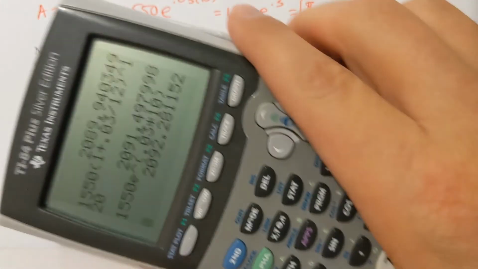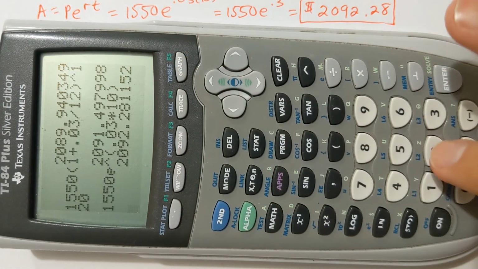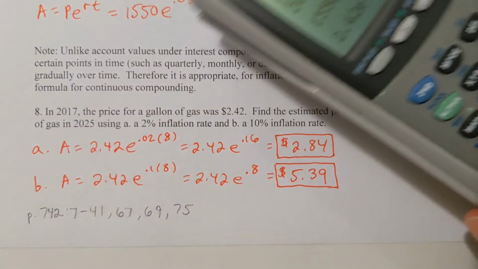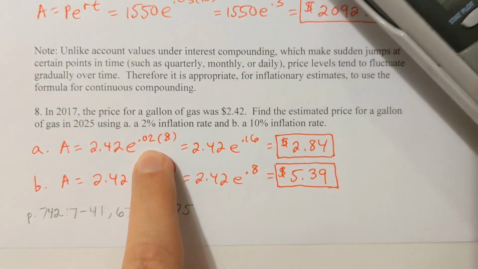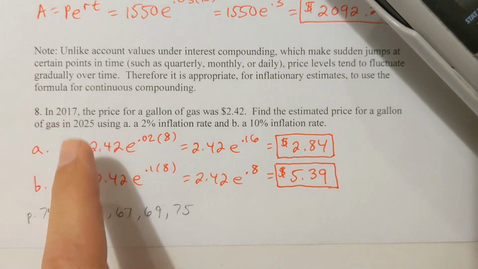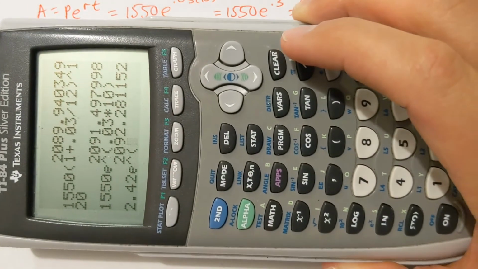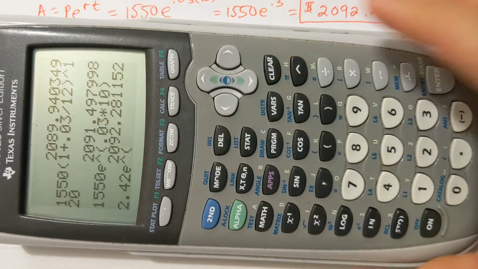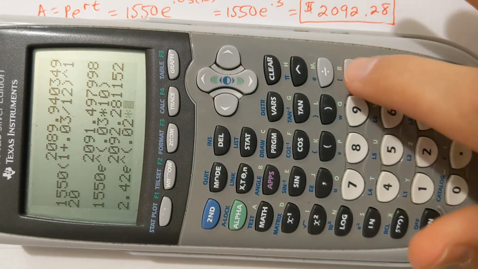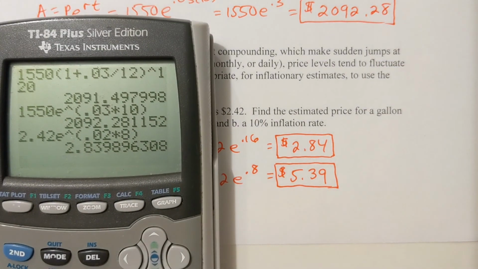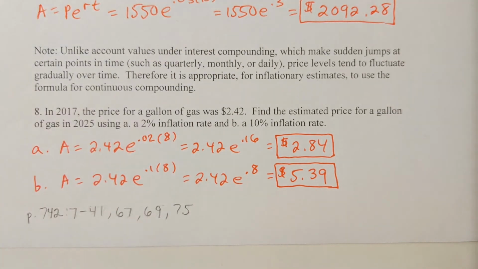So if I type that in, 2.42 times e to the power 0.02 times, going from 2017 to 2025, that'd be 8 years. So 0.02 times 8, and I'm getting $2.84 for the price for a gallon of gas over the next 8 years.